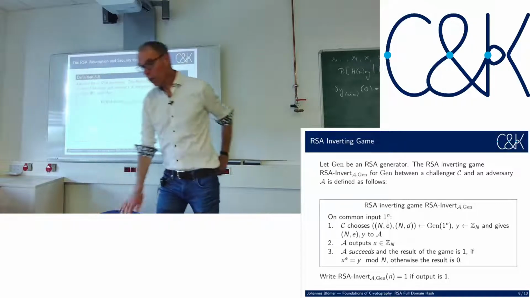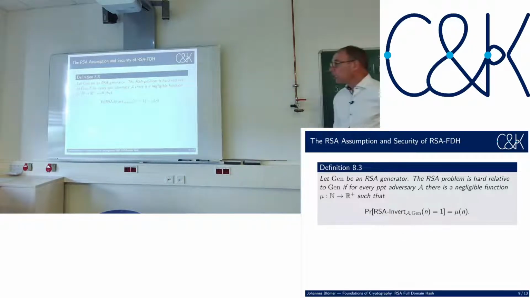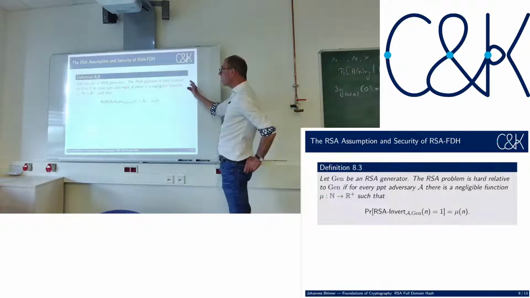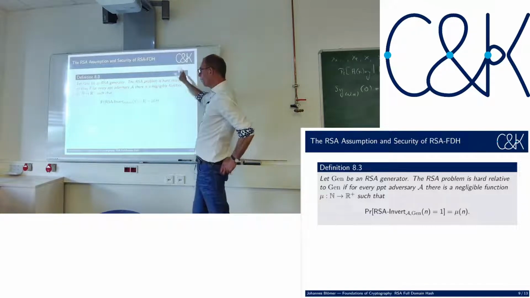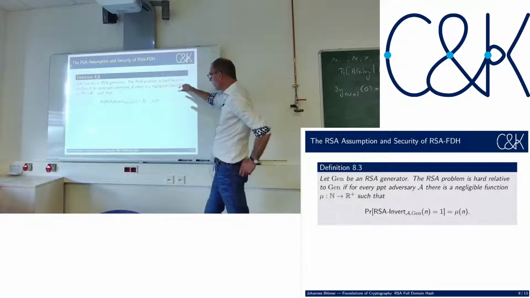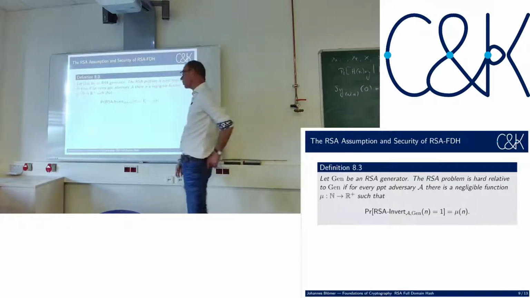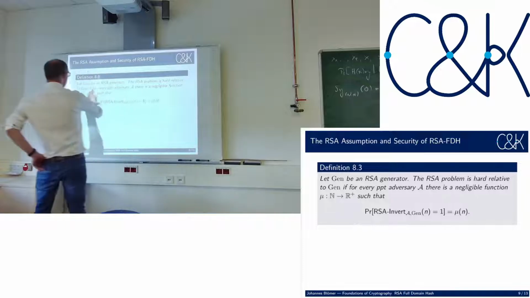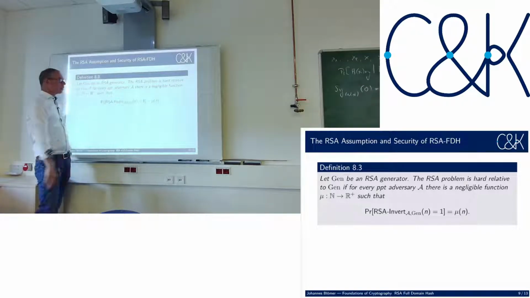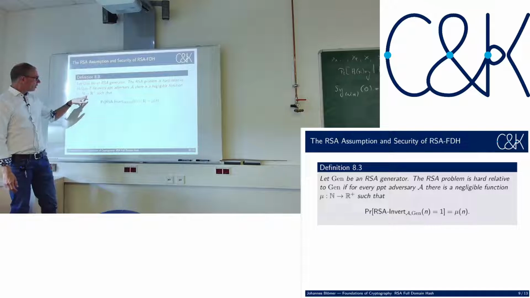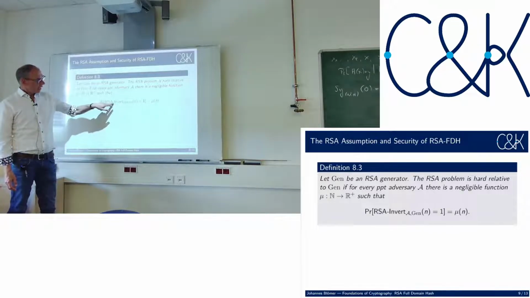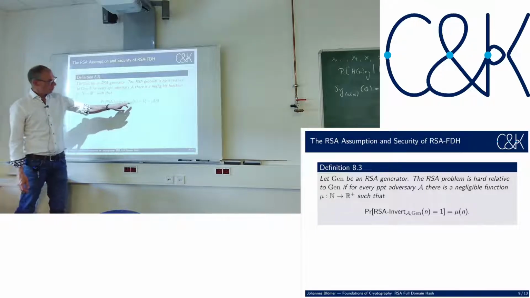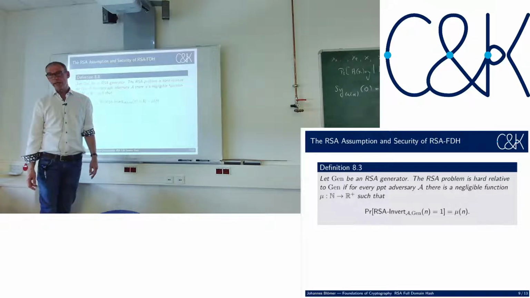Now, when do we call an RSA generator Gen a good one? It's a good one when the RSA problem is hard relative to this Gen algorithm. That means that for every probabilistic polynomial time A, there is a negligible function mu such that the success probability that A wins this RSA inverting game is a negligible function in n.